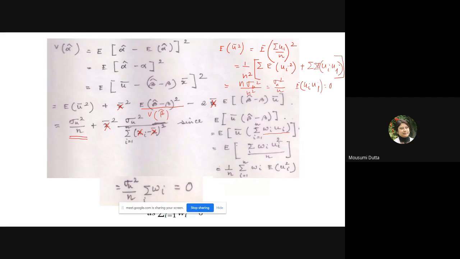So we can write it as expectation of summation wi ui times summation ui by n. Okay, 1 by n I am keeping outside the sum, summation wi expectation of ui square. So please tell me whether you are understanding this or not.